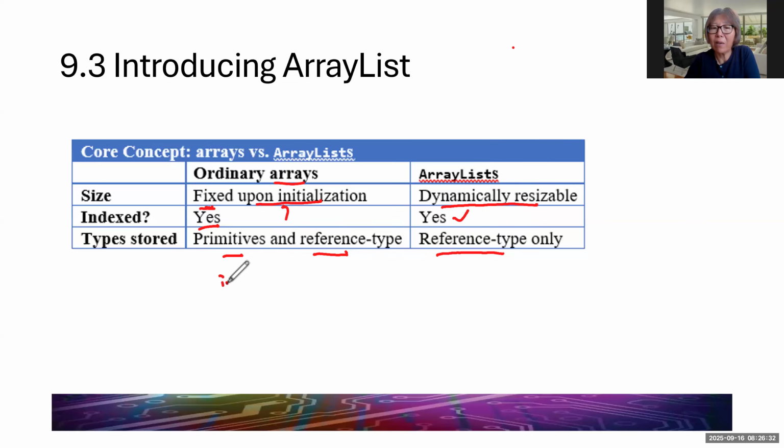For the primitive int, if you want to use ArrayList, then you have to use the wrapper Integer class. So that's a quick comparison between array and ArrayList, and we will see it in our examples.